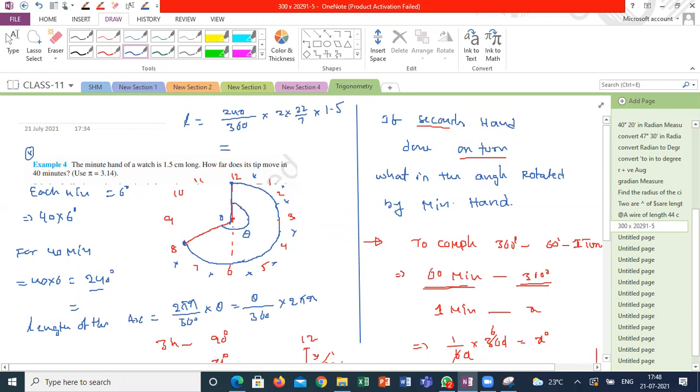Calculate and let me know what is the answer approximately. 6.28. Is everyone getting the same answer, guys? 6.28 or 628? 6.28 centimeter is the answer.